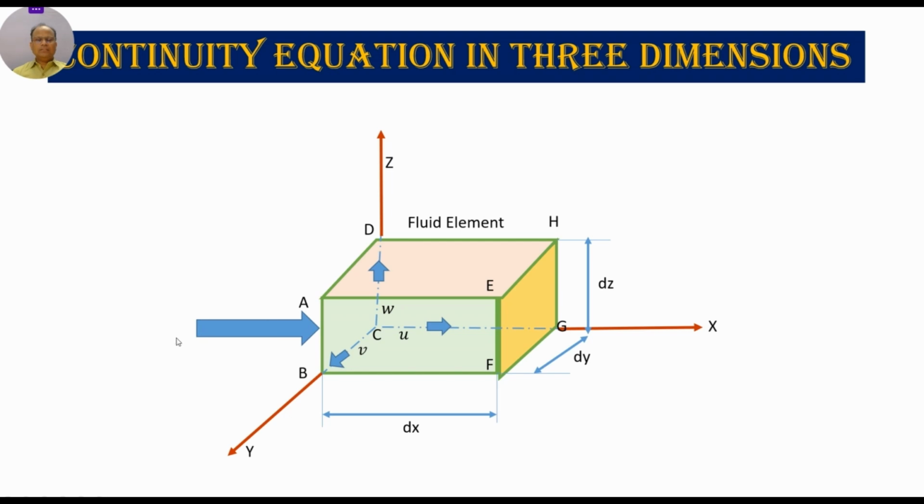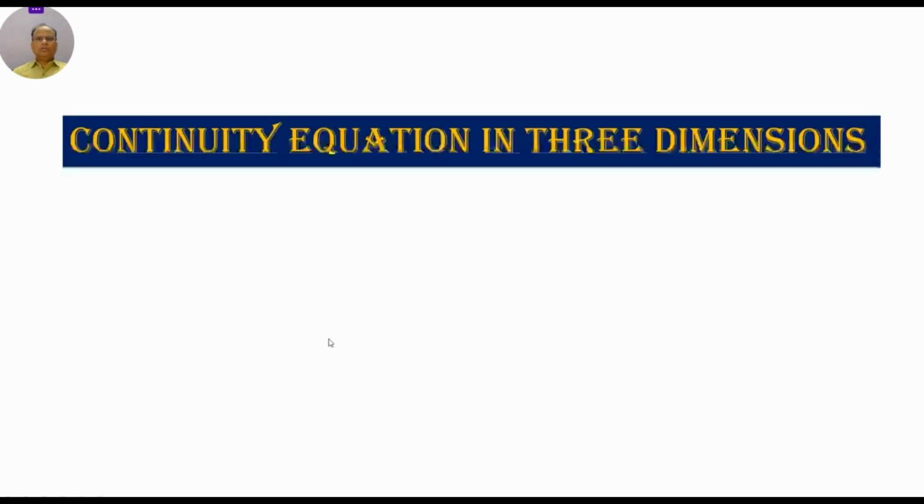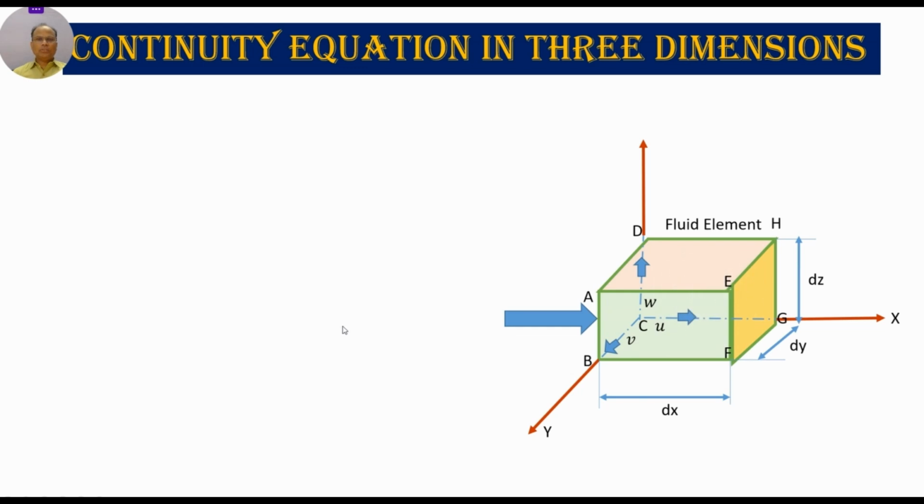Now we will write the rate of mass flow equation along this face, then this face and finally from the top face here. So now one by one we will see how we are writing the equation of rate of mass flow along all the faces.